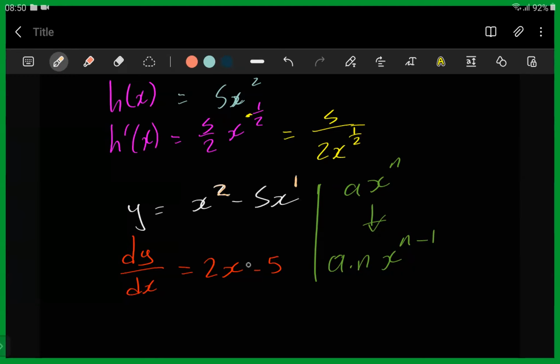So on the exponents, when you remove 1 from here, you have 1. But for the 1, you will remove 1 here, so you'd end up with x to the power of 0. Because remember, 1 minus 1 is a 0, and anything to the power of 0 is a 1. So here you would just have 5 times 1 in front, but you don't have to write it. So you just type a 5. You see?